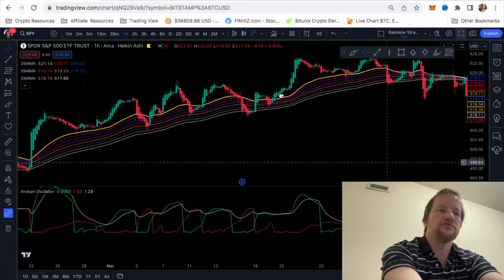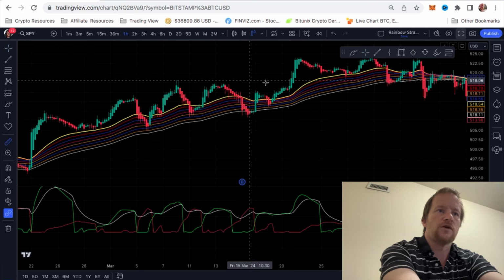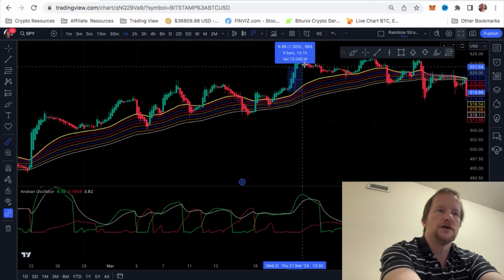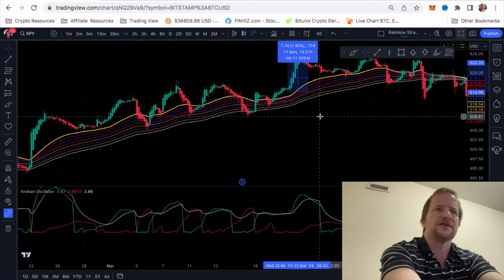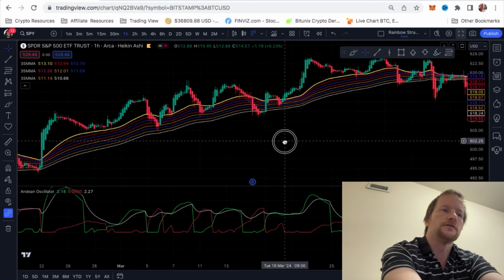Again, we have the rainbow strategy at the top, and we want to wait for it to cross, which is right here. If you rode this out till it touched again, which is right here, it's about a $7 move. That's $774 for that move right there.